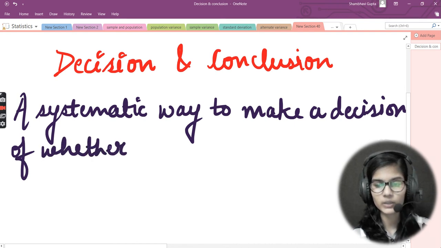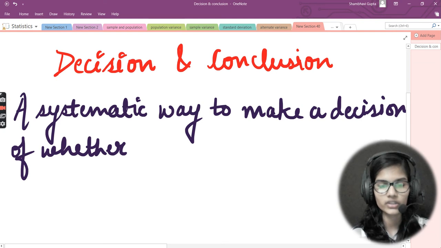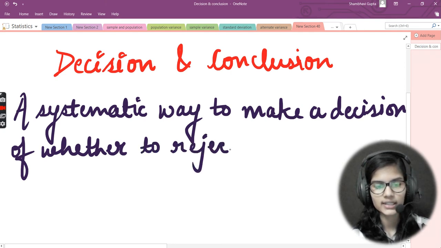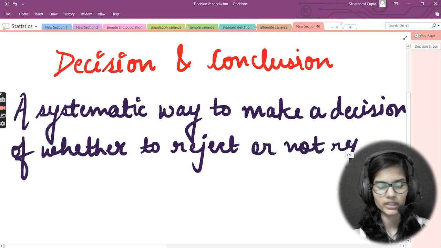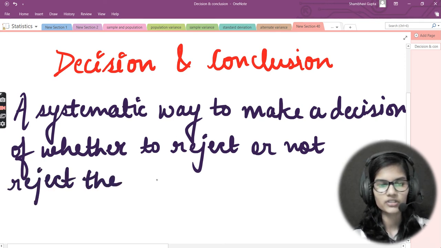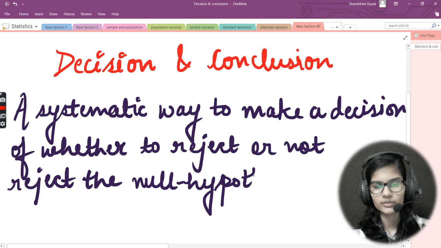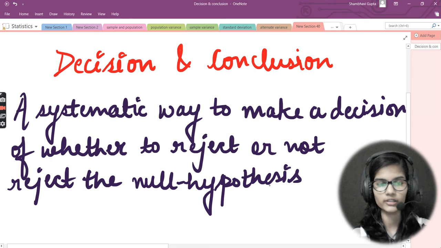What is the condition for which we make a decision? We decide whether we need to reject the null hypothesis or what else we need to do with it.